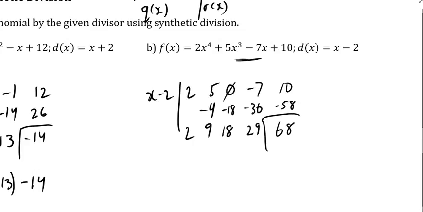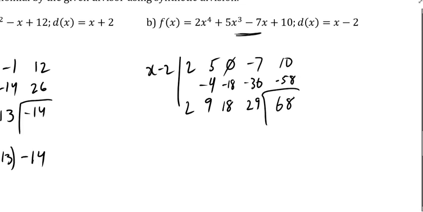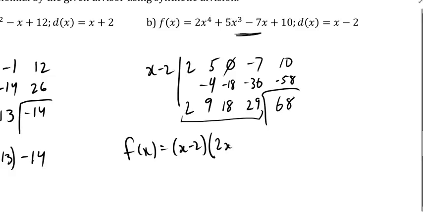That's my remainder. So there's my quotient, my result, 2x cubed plus 9x squared plus 18x plus 29 plus 68.